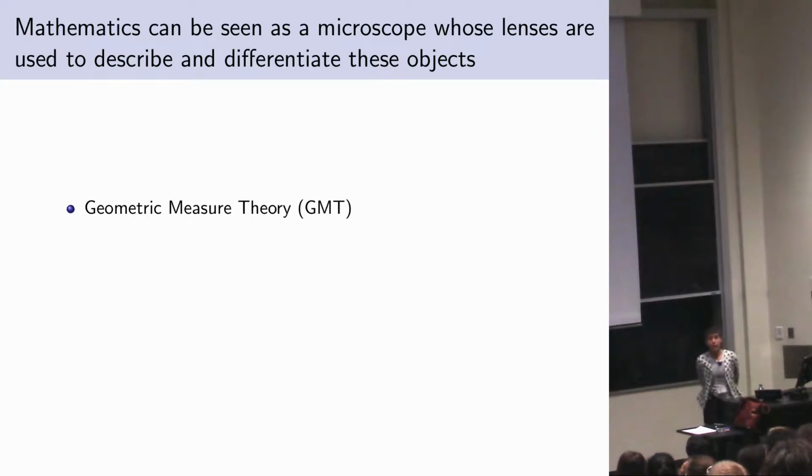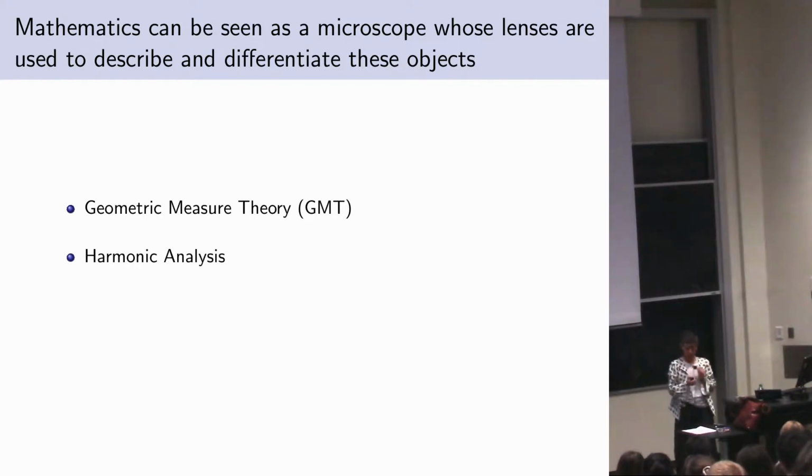So what are the lenses? I would like you to think of math in this context as a microscope. And I have different lenses that I'm going to put on there to try to distinguish between these objects that we saw at the beginning. The first one is called geometric measure theory, GMT. What's going to happen in this talk is you're going to have a 3-slide introduction to GMT.